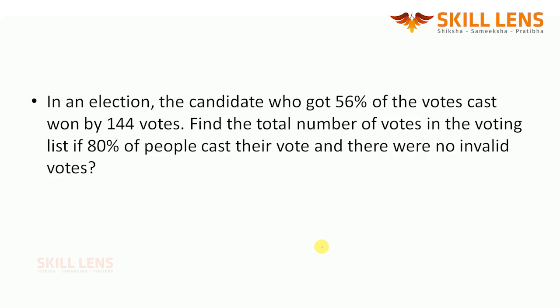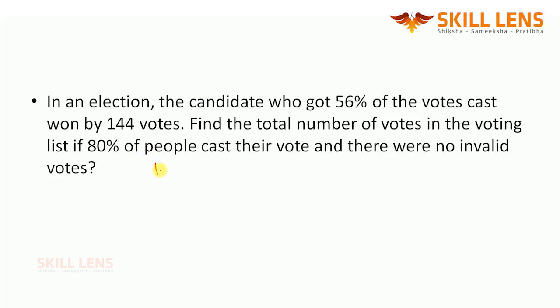Please understand, in the previous two questions, everybody has voted, but here only 80% polling was done. When 80% polling was done, a lot of people will get confused and they'll end up with wrong answers. Please try to solve this.